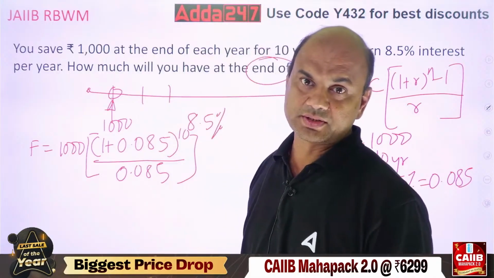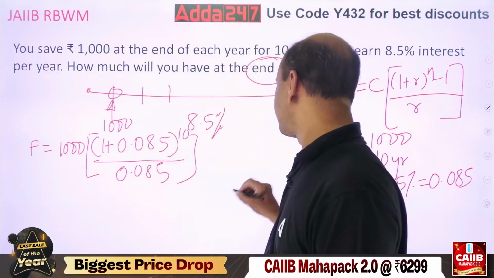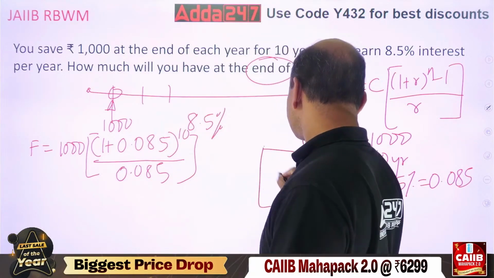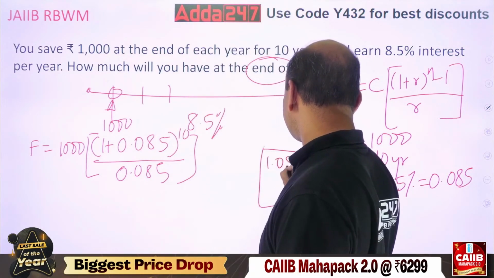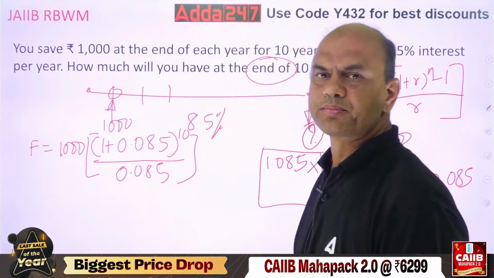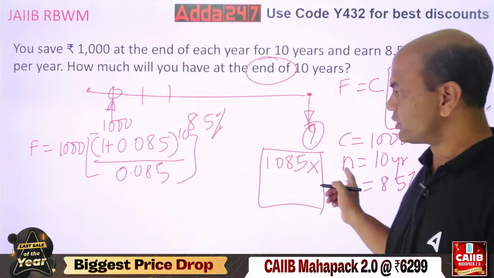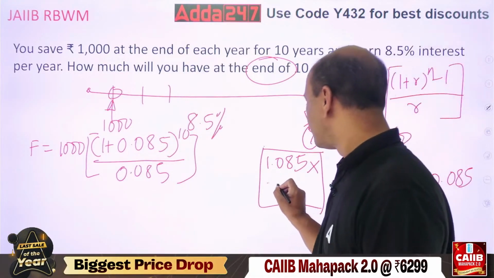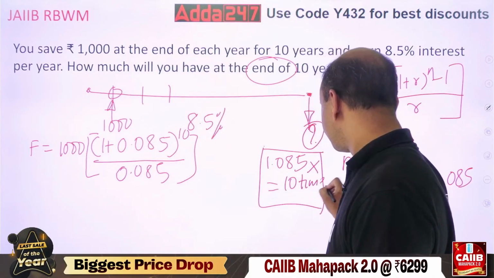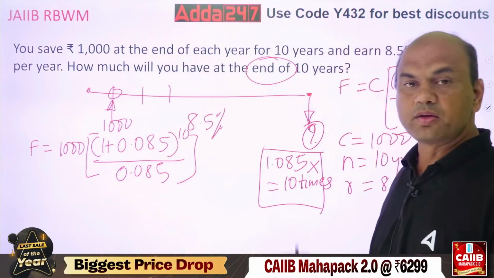How to do this? Take it like this. I'll put a square over here. So 1.085, then press into, multiply, then press equal to, 10 times. Then you will get the right answer.